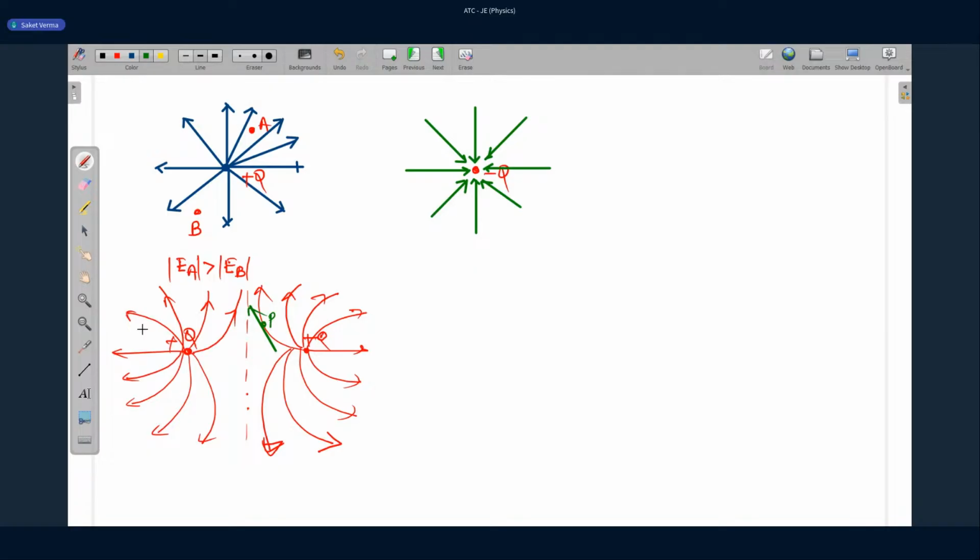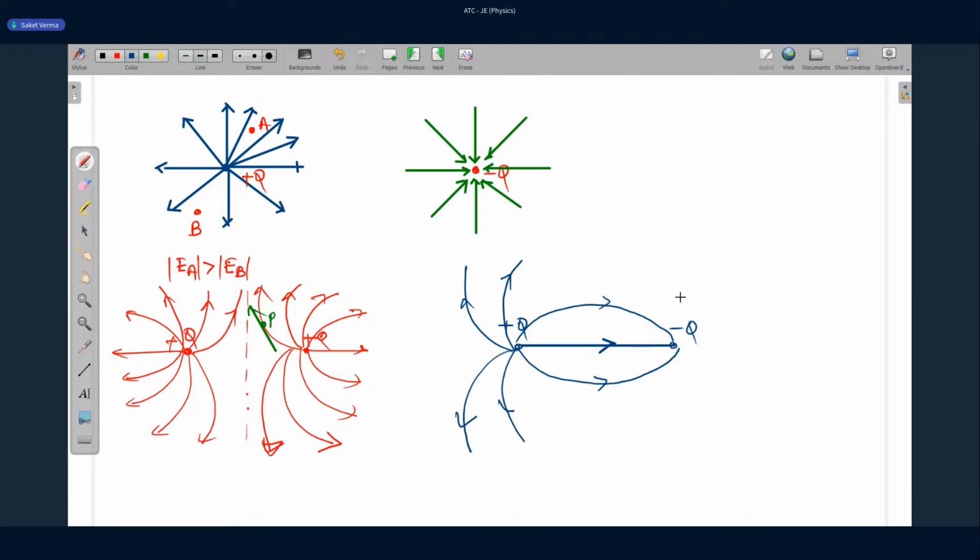Now if there is a positive and a negative charge, plus q and minus q, then definitely the field will start from positive and go up to negative. You can draw it like this, plus to minus, plus to minus, and here it will be entering like this.